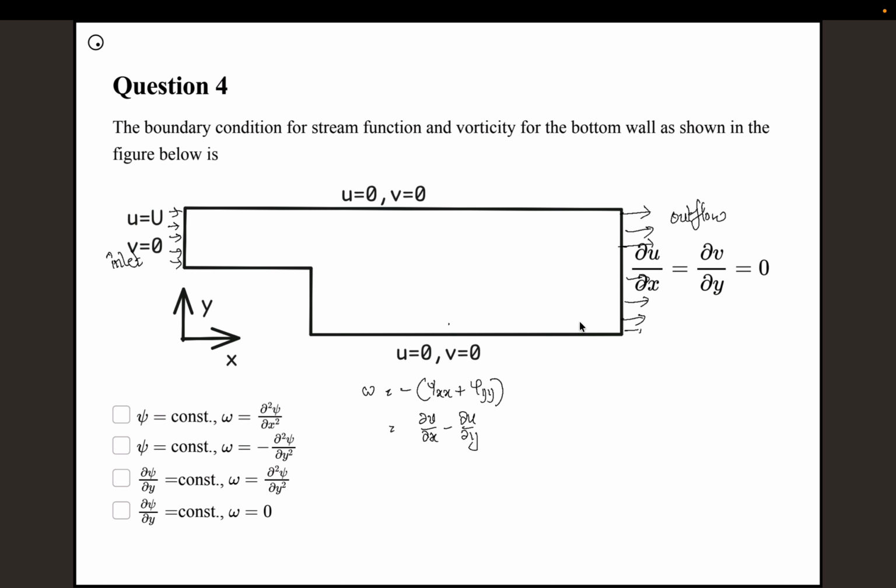As we are going along this particular wall, we are pretty sure that there is no velocity gradient along the wall direction. So v equal to 0 is constant along the wall. So del v del x is going to be 0. But we cannot say anything about del u del y, along the vertical direction we have some flow that is happening here. So this particular quantity is not equal to 0, but the first one, because v is 0 throughout the wall, will be 0. So psi xx is 0 and we will be left with just psi yy. So omega is minus psi yy and psi is constant.